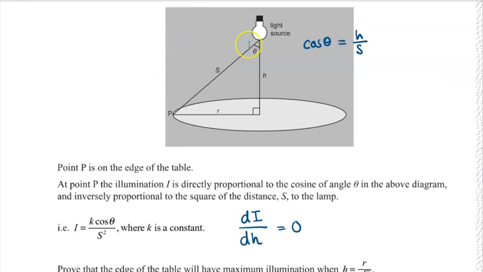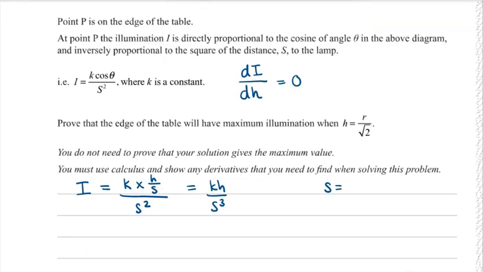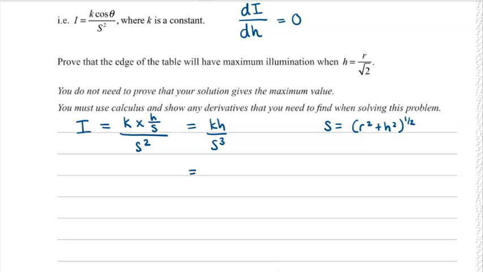With our right-angled triangle here, s squared will be equal to r squared plus h squared. So s would be equal to (r squared plus h squared) to the half. If we carry this on, it's kh over (r squared plus h squared) to the 3 over 2.